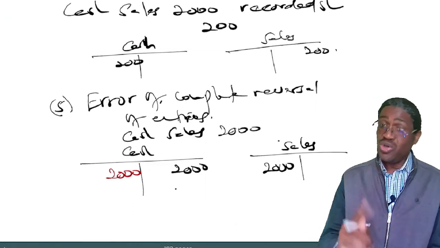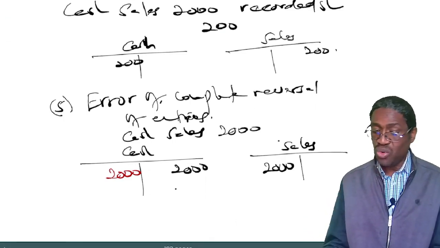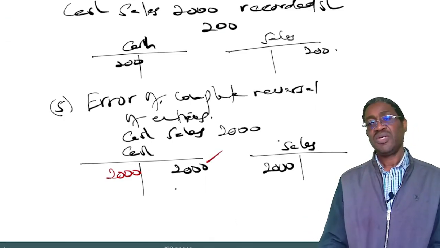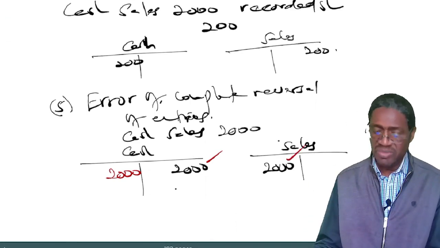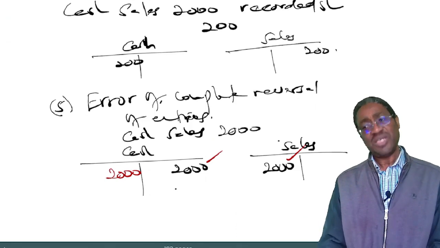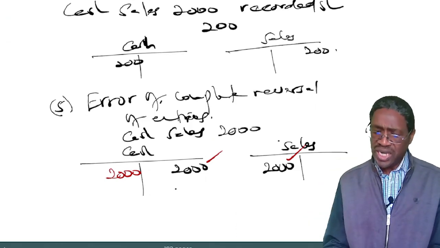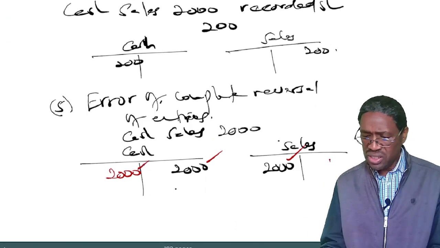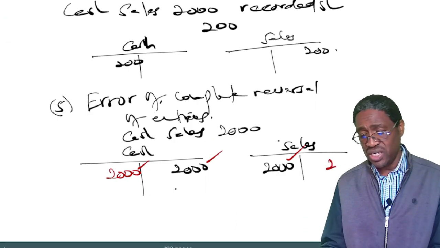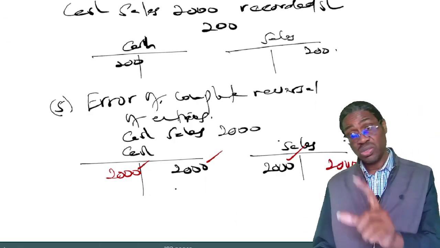We are saying you are supposed to debit cash, but instead you credited cash. You are supposed to credit sales by 2,000, but instead you debited sales. The trial balance will still balance. If you are to correct this error, my question is, can I debit cash by 2,000 and credit sales by 2,000? The answer is no. Why?